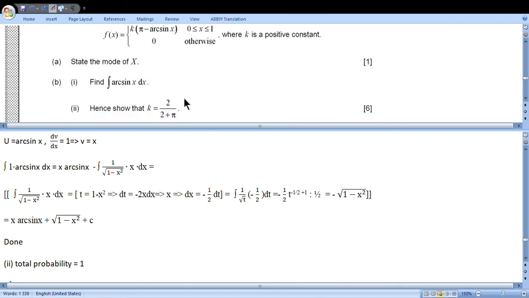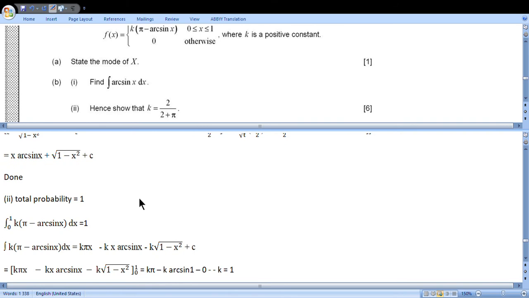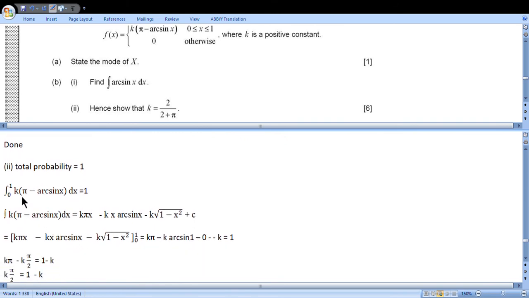Hence show that k equals 2 over pi. The total probability equals 1, and we can find the total probability because we know the integrals.